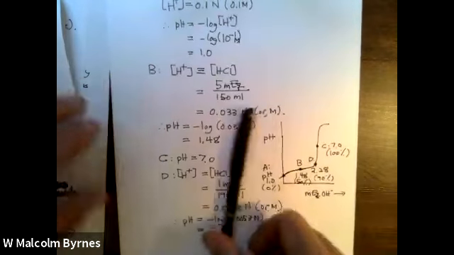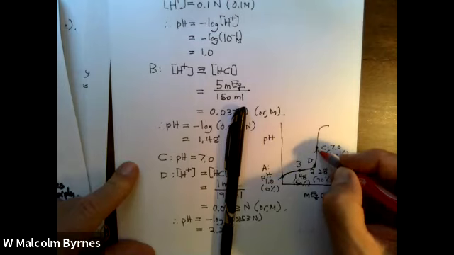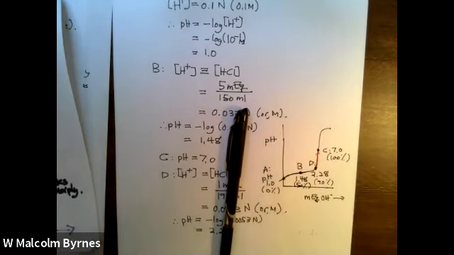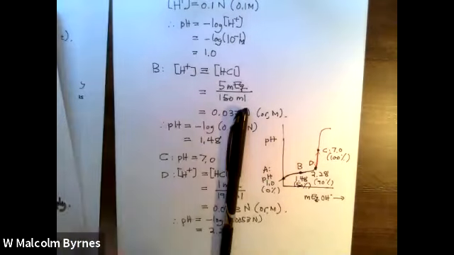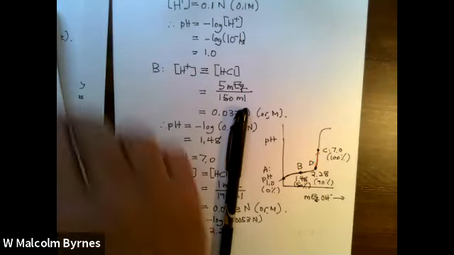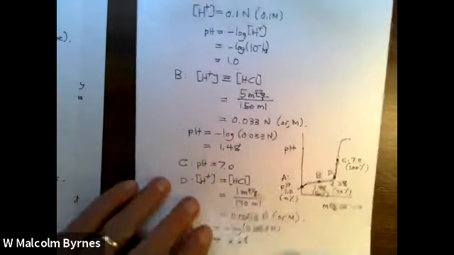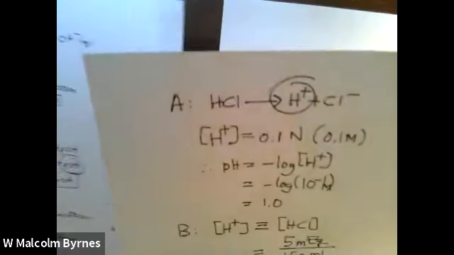So there's a very rapid jump, and that's characteristic of a strong acid, where the pH curve rises dramatically and steeply. That's not going to be true for weak acids and bases. So, all right, we've talked about strong acids. Let's talk about weak now.